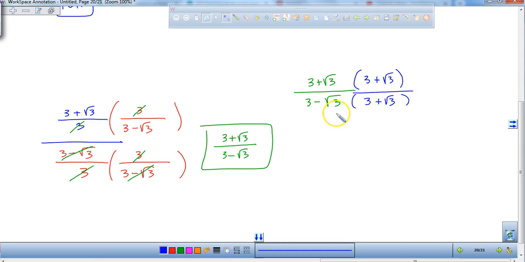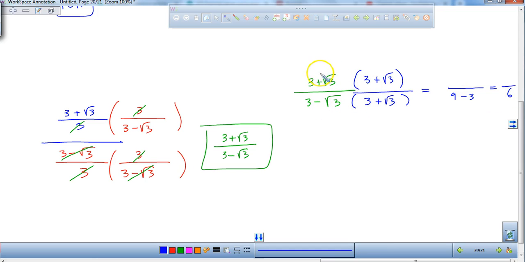And here's the cool news about this. Basically, the denominator just becomes 3 times 3, which is 9, minus a 3, it becomes a 6. Because this radical 3 times this radical 3 becomes 3. And the things in the middle, because of the FOIL method, cancel out. So you just get a 6.